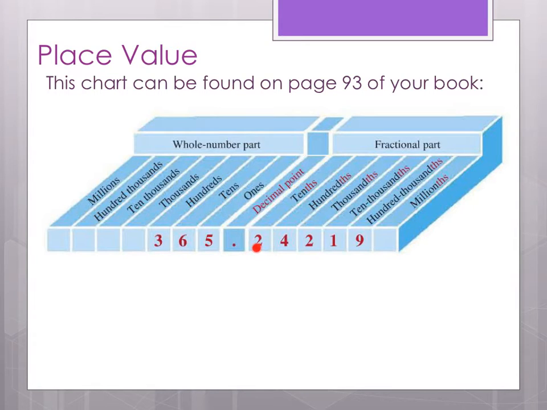So we start with tenths, then hundredths, and then thousandths, and then 10,000ths, and then 100,000ths, then millionths, and then we would continue with 10 millionths, 100 millionths, billionths, and so on. So we increase by a power of 10 with each place that we move over.